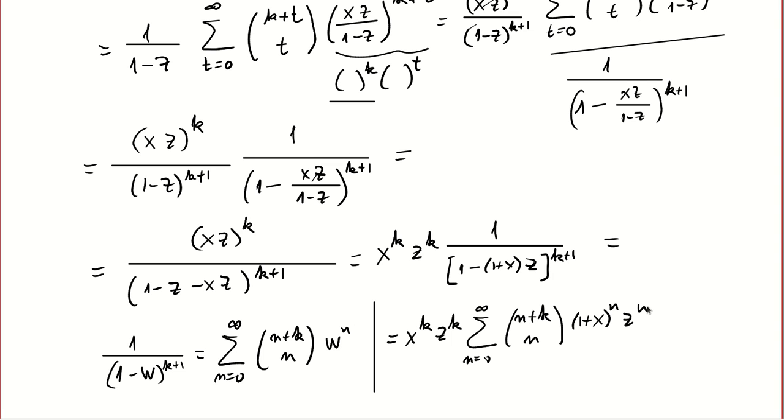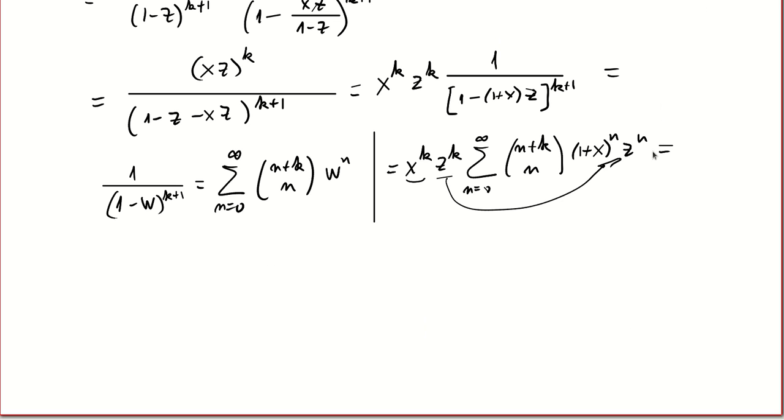We don't care about this, but we do care about this because this is a variable z, which describes the generating function. So we have to group this factor with this other one. So let's do that. We have x to k here, and then we have the sum from n equal to 0 to infinity of (n plus k over n), then (1 plus x) to the n, and then we have z to the n plus k here, right?